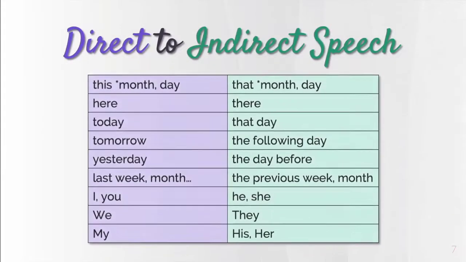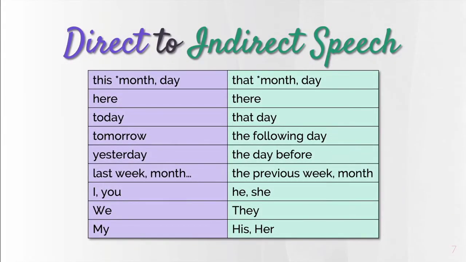Now let's look at how other words change. This month, this day, will change to that month, that day. Here will change to there. Today will change to that day. Tomorrow, the following day. Yesterday, the day before.